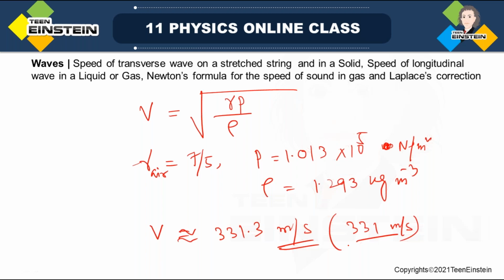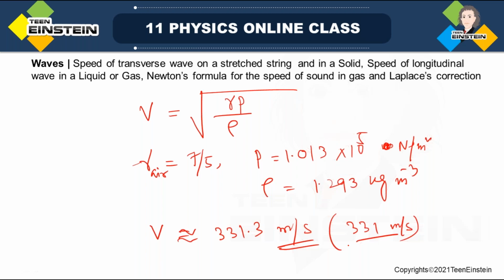That means the sound propagates in air in an adiabatic way, or the propagation of sound wave in air is an adiabatic process.